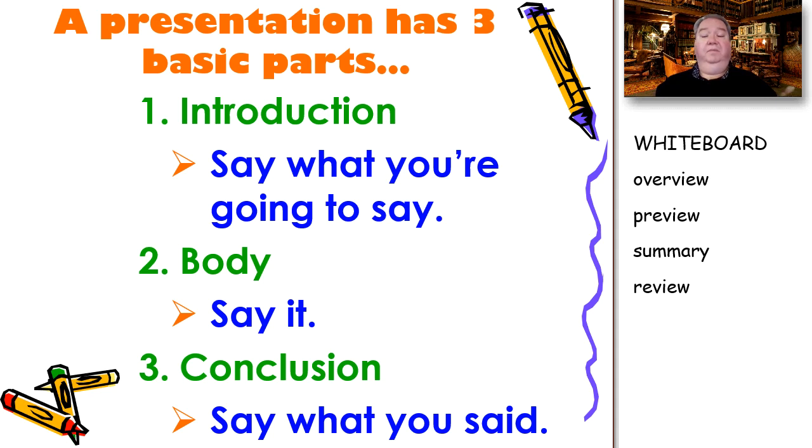If you hear something 3 times, your chances of remembering it go up significantly. That's why your mom tells you to clean your room 1,000 times. Because if she just tells you once or twice, you won't remember. You'll forget. But if she tells you every day, or if she tells you 100 times, maybe you'll remember it.